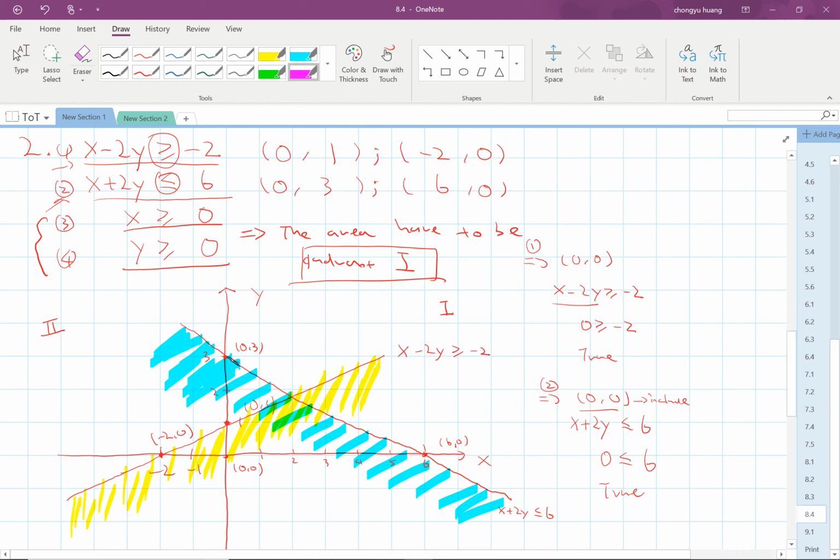I think the area is somehow like this one. I was using the purple one to indicate which area. So this area, I'm using the purple one to indicate. I think this is going to be our final solution. As you can see, the area in purple is in quarter 1, and I think this area is actually shared by both of the equations, right? So let me take a look.